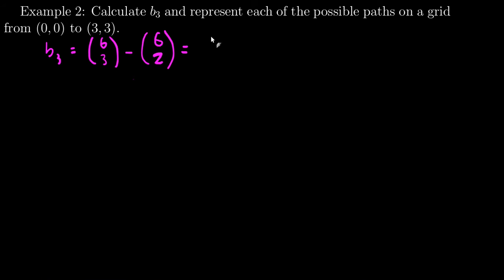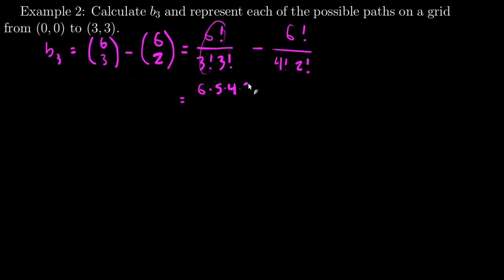So 6 choose 3 is 6 factorial over 3 factorial times 3 factorial. 6 choose 2 is 6 factorial over 6 minus 2, 4 factorial, times 2 factorial. In here, I can cancel some stuff out. 6 is 3 bigger than 3, so I get 6 times 5 times 4 times this 3 factorial, which will cancel out with this 3 factorial, and then I have a 3, 2, 1, so those cancel.